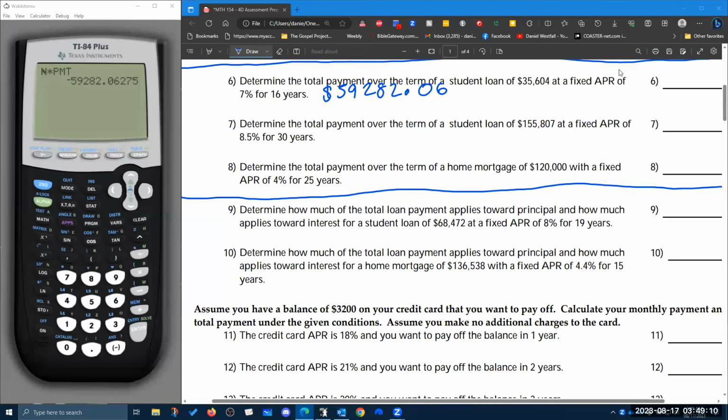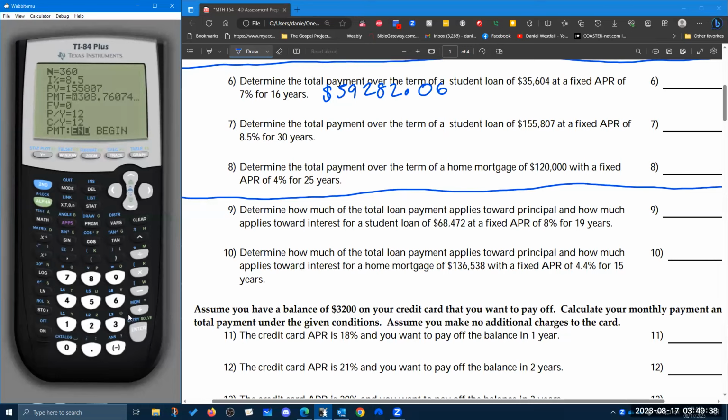Now let's do that again for this problem. And we're going to have the TVM solver again. And we're going to have 30 years, so 30 times 12. Interest rate is 8.5%. Present value is 155,807.